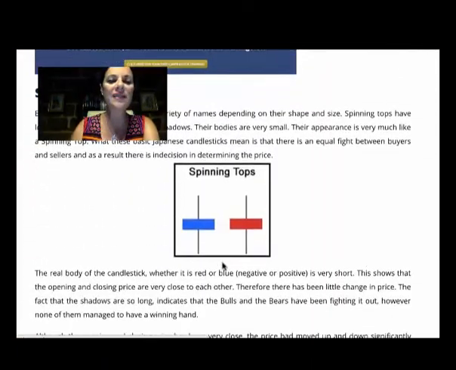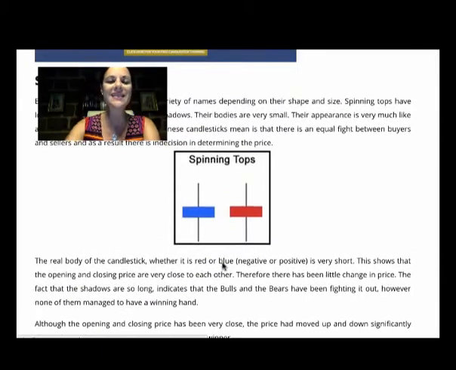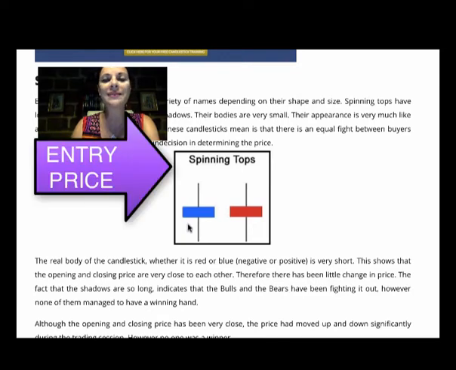Back to our training session, we now discover spinning tops. Basic Japanese candlesticks have a variety of names, and their shapes and sizes tell us a lot. In our previous session, we said that when we have a candlestick with no top and bottom shadows, we know that it is a dead market.